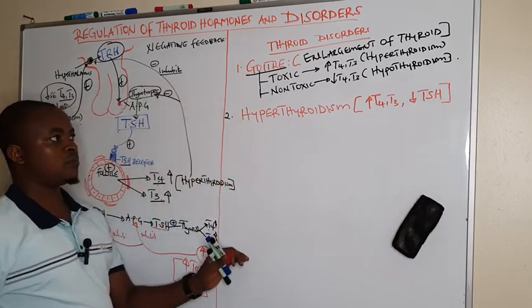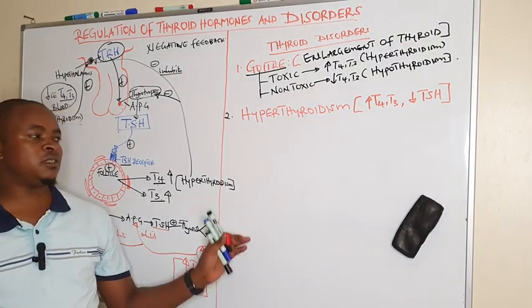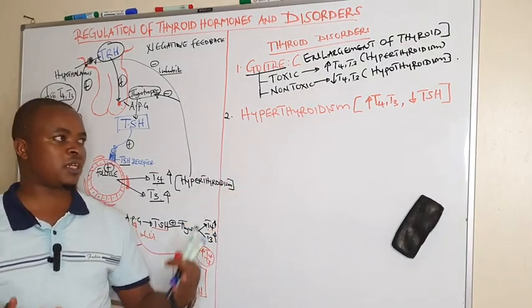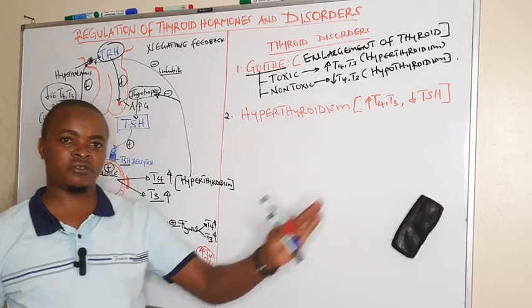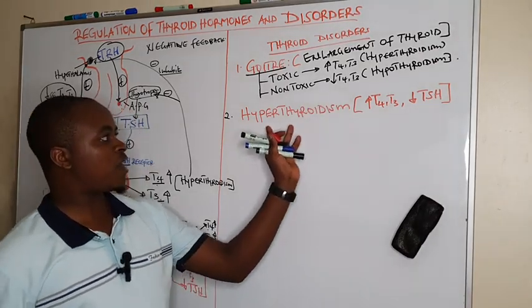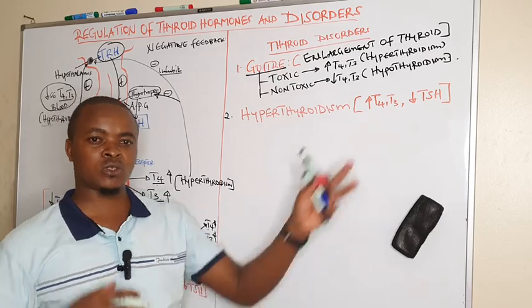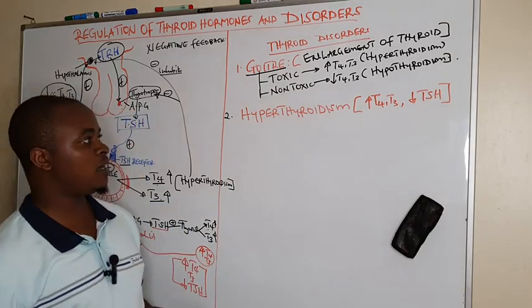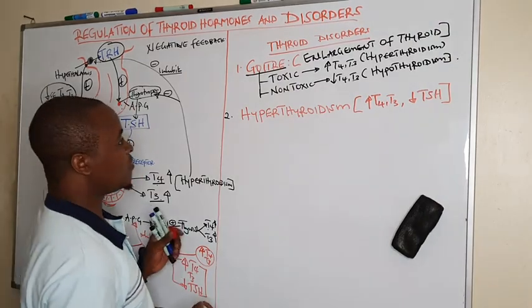But in the long run, during our further discussions, we shall differentiate between primary and secondary, whereby we shall tell you that this type of hyperthyroidism is primary hyperthyroidism. But there is also what we call secondary hyperthyroidism, which we shall discuss in our upcoming videos.